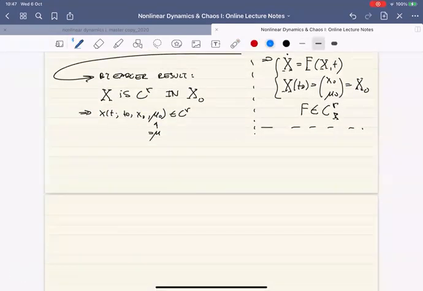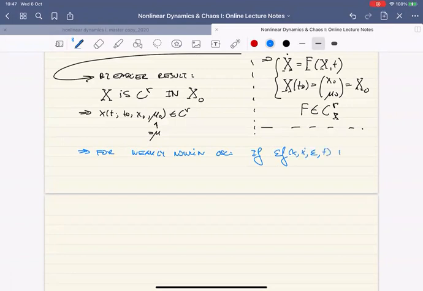So then, for weakly nonlinear oscillations, if epsilon times f(x, x dot, epsilon, t) is C^r in epsilon, then x(epsilon, t) can be Taylor expanded indeed, up to that order.